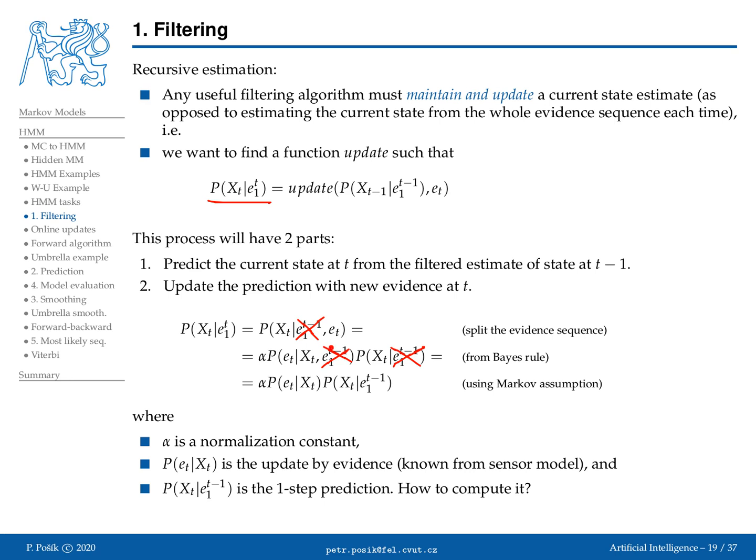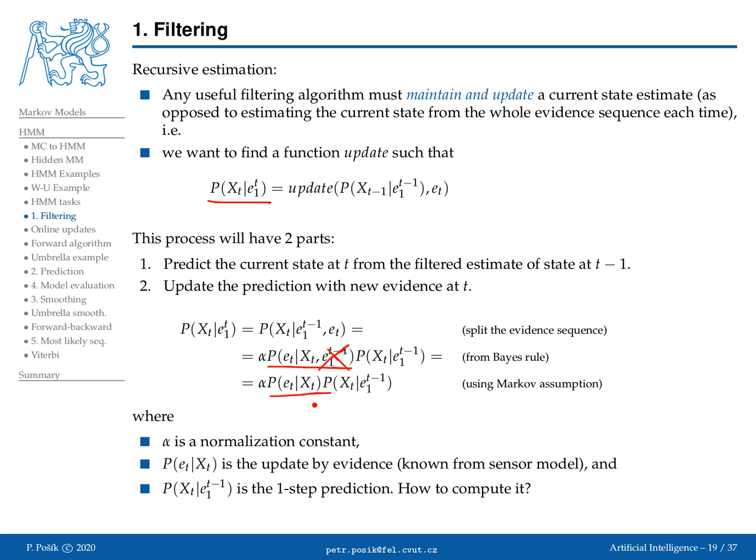So I just crossed out these conditional parts to make it more clear that there is really a Bayes rule applied, right? But you cannot remove them. They are still present there. But if you now have this part, you can apply the Markov assumption that the observation at time t depends only on the current state and not on the previous states. So you can get rid of this thing here to get this part.